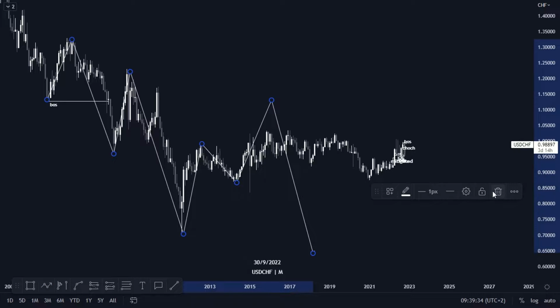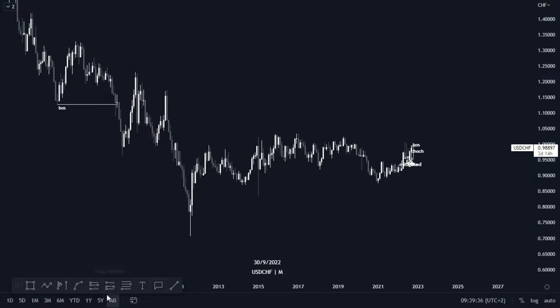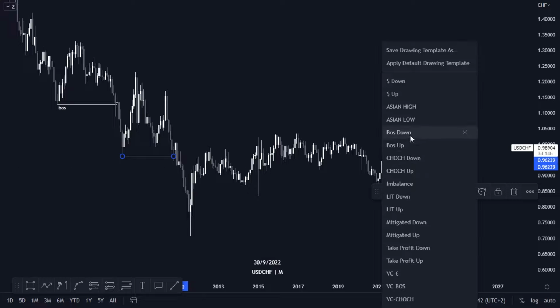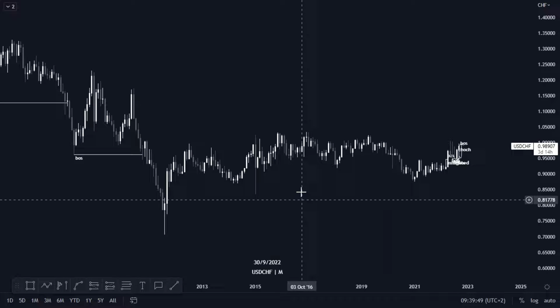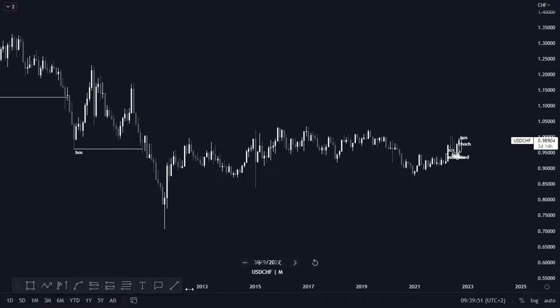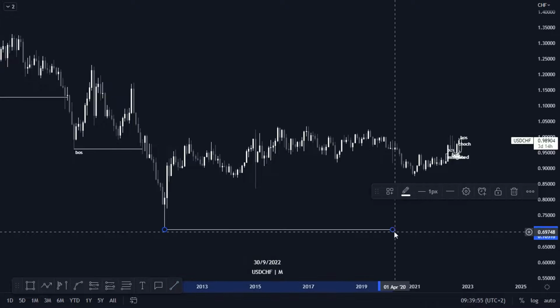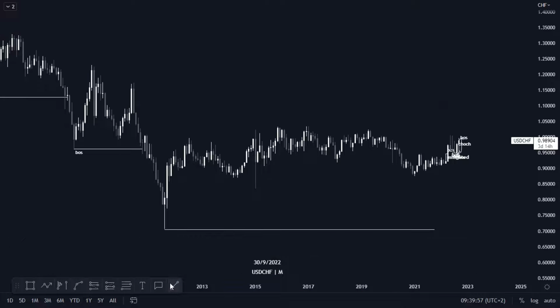Now let's see where our breakout structures are. We can see that here we have a valid breakout structure since the market has pushed to the downside, and now we can see we are trading in this range here.